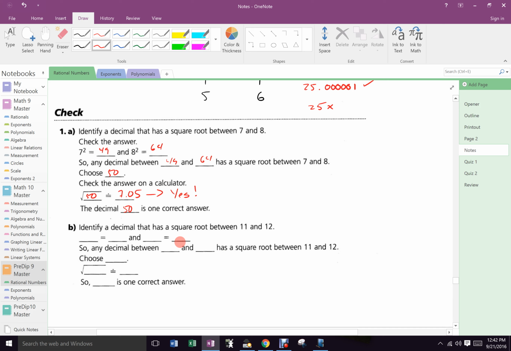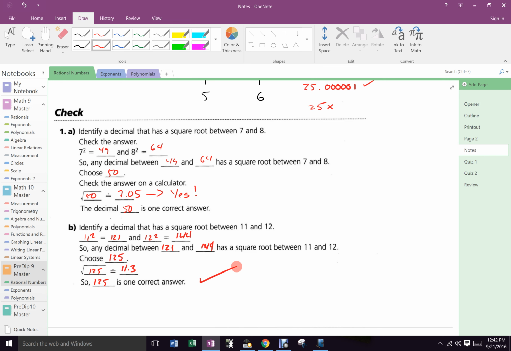Go. 29, 28, 27, 26, 25, 24, 23, 18, 17, 16, 15, 14, 13, 12, 11, 10, 9, 8, 7, 6, 5, 4, 3, 2, 1. Done. Is everybody good? Great.